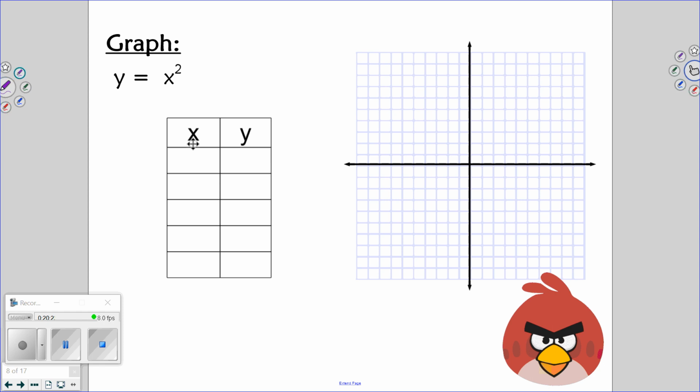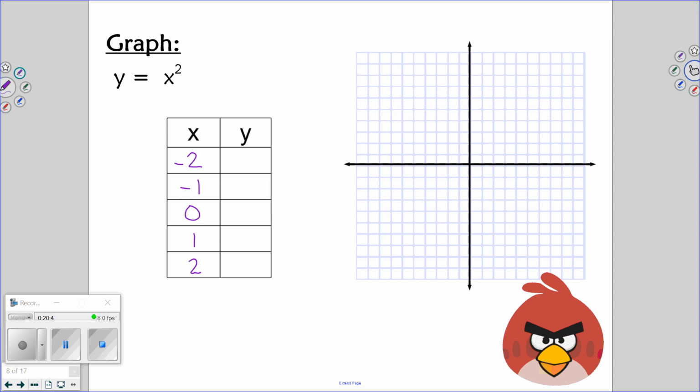All right, anyway, this is called your parent function, right? It's the most simple, basic one. And we know what it should look like, right? I already put a graph on your paper at some point. So let's go through the process for how this works. Do you guys remember XY tables back in the day? Do you remember what numbers you typically plugged in? There it is. -2, -1, 0, 1, 2, right?